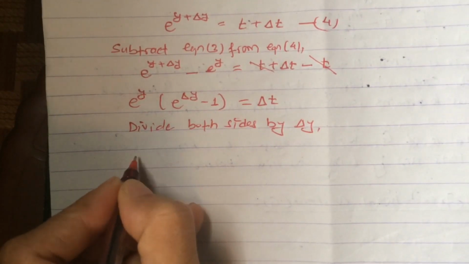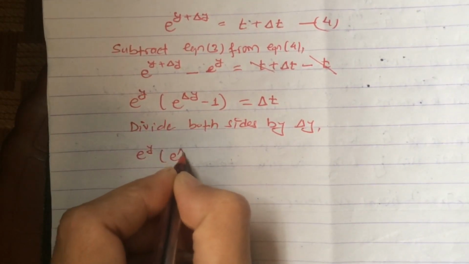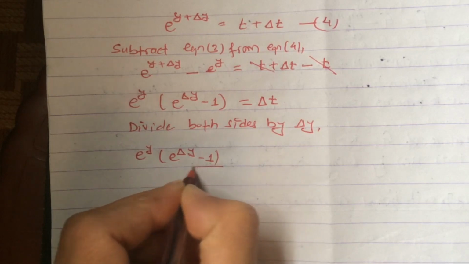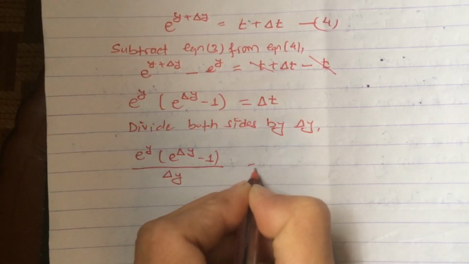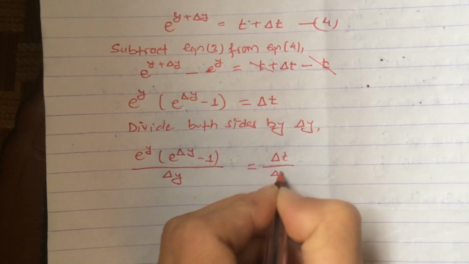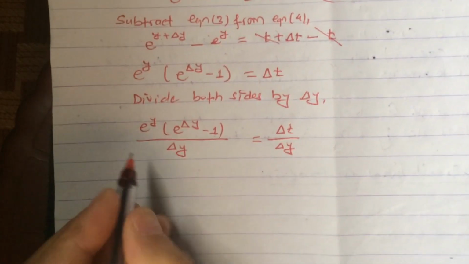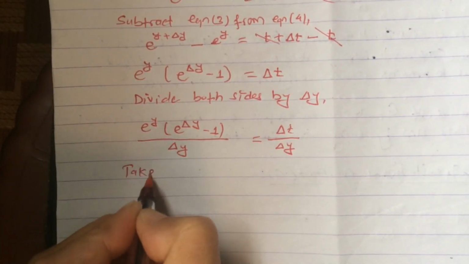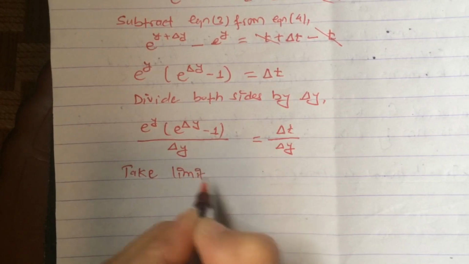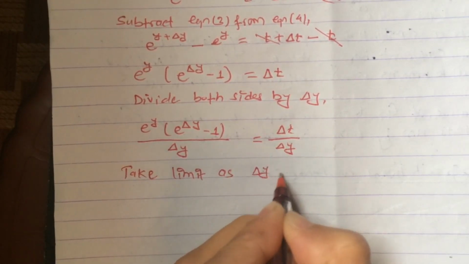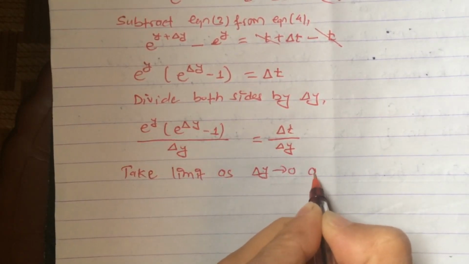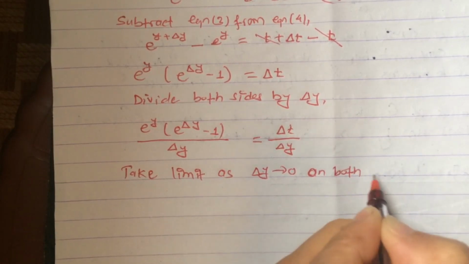Then we get e^y times (e^(del y) minus 1) divided by del y is equal to del t divided by del y. Now take limit as del y tends to 0 on both sides.